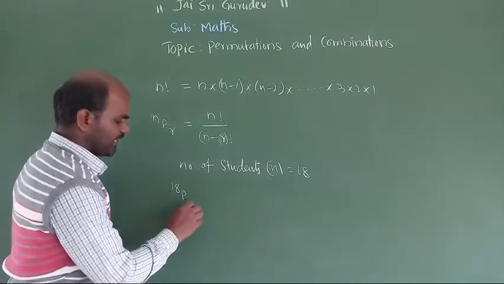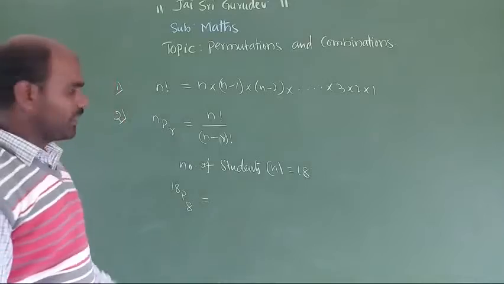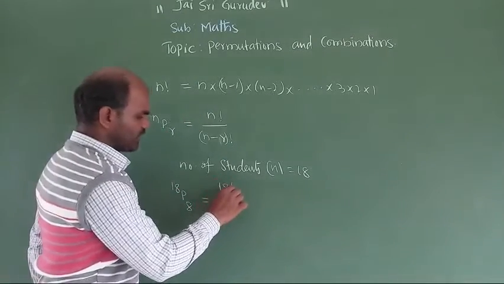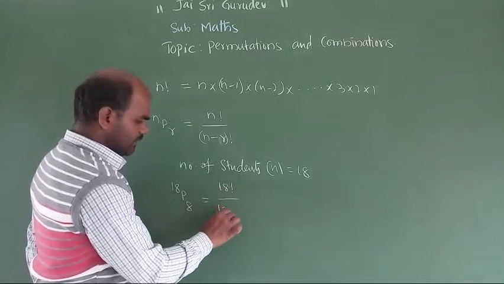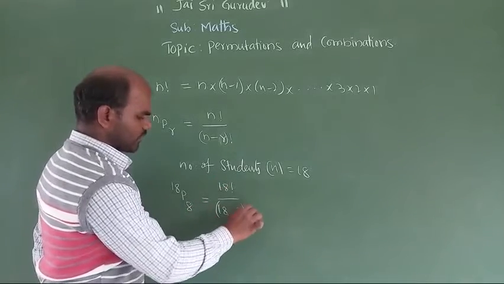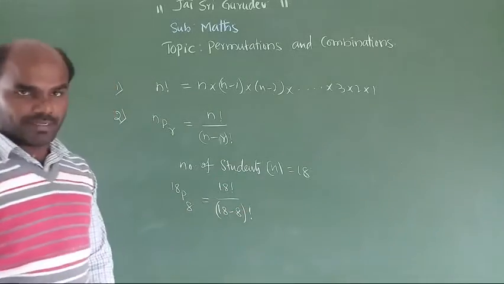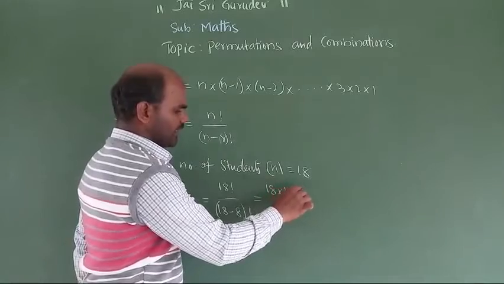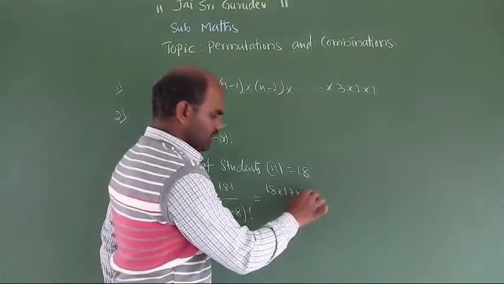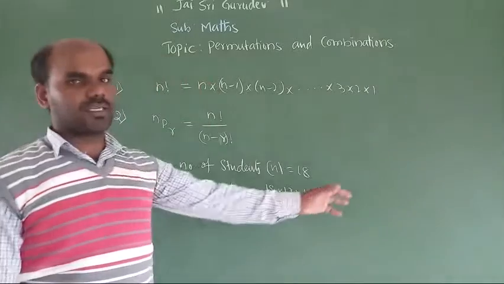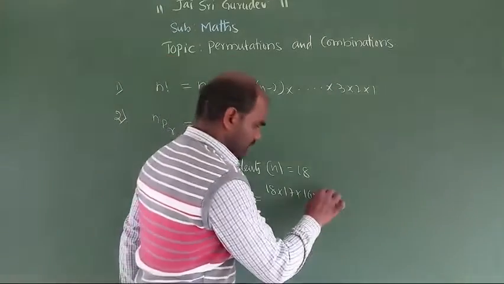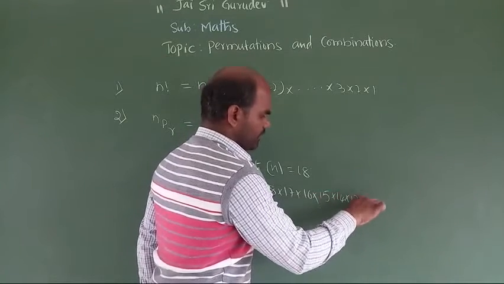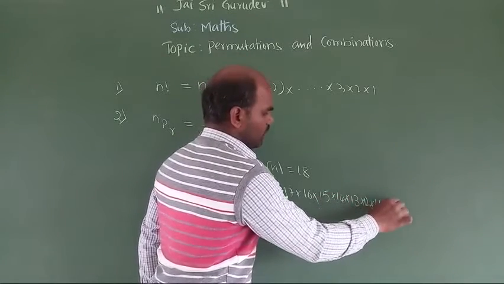So that is 18 P 8, which is equal to 18 factorial divided by 18 minus 8 factorial. So it equals 18 into 17 into 16 into 15, 14, 13, 12 into 11 into 10 factorial.